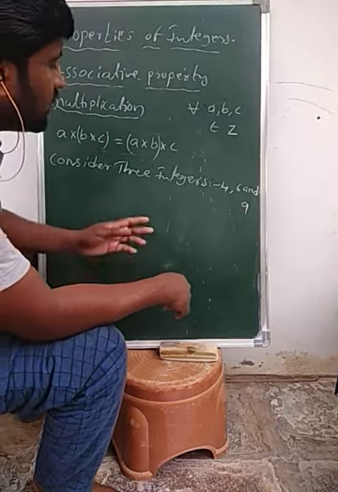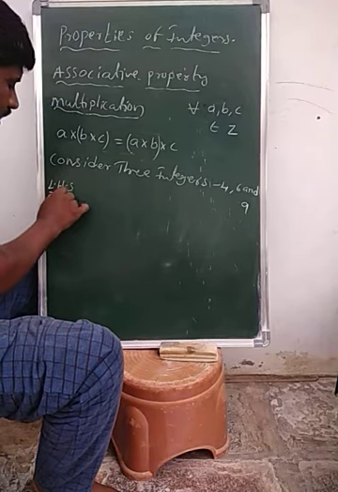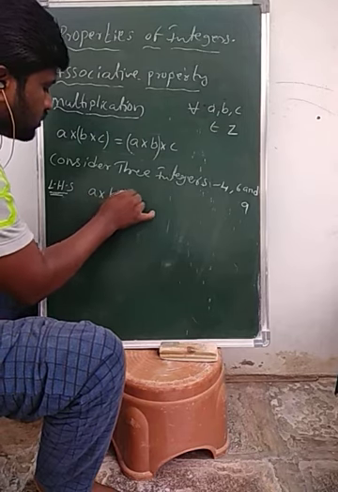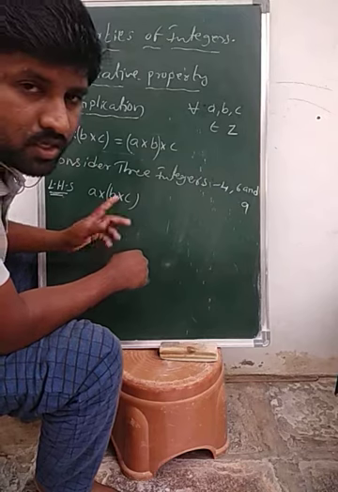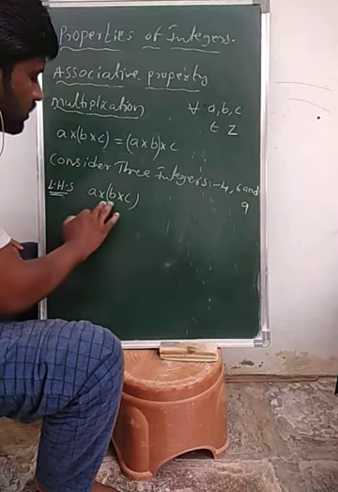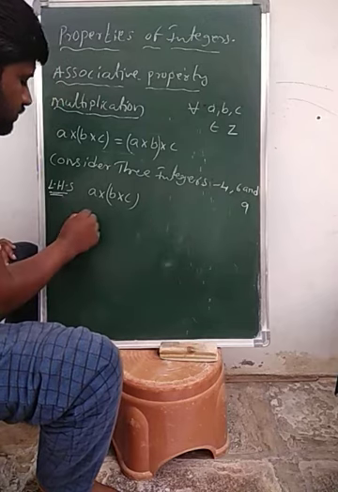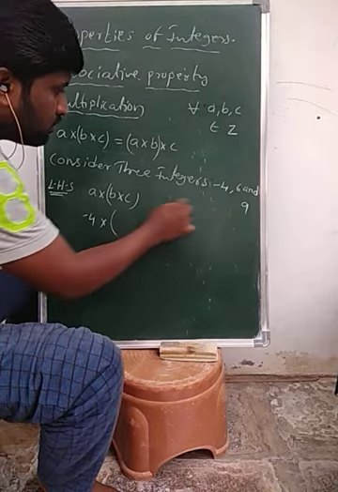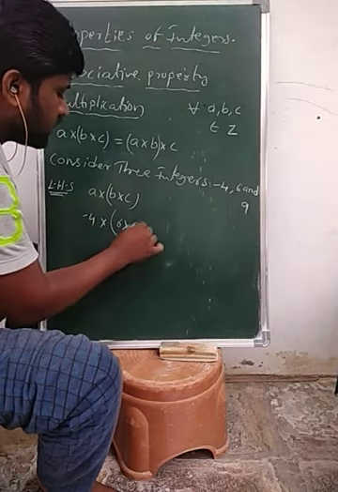Then take the LHS part. The LHS part is what? A into (b into c), bracket for the second and third integers. So I am going to substitute the values in the place of a, b, c. A means -4 into b means 6 into c means 9.